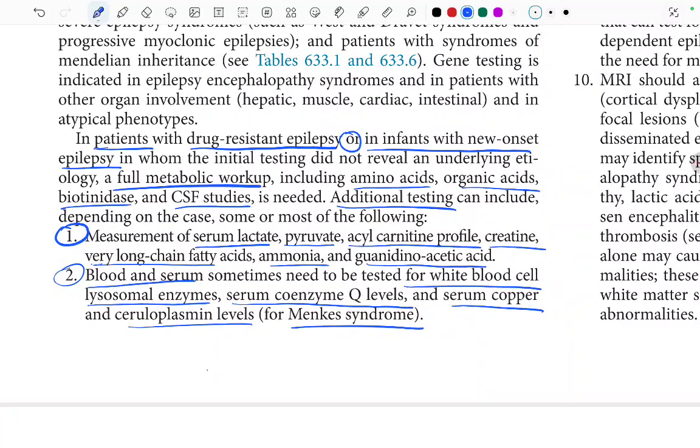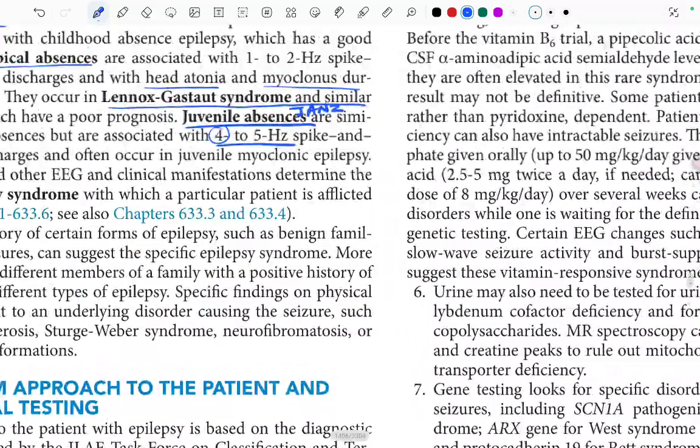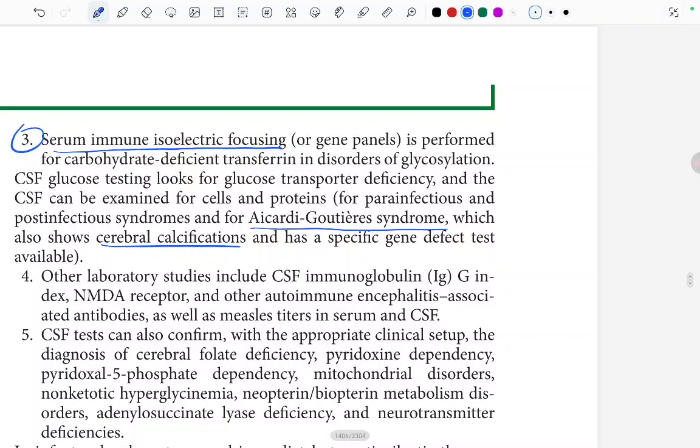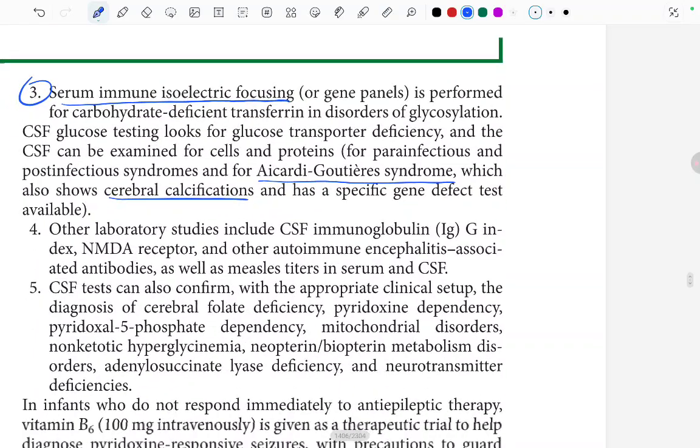Then we did the WBC lysosomal enzyme levels, and the serum coenzyme Q levels, then copper and ceruloplasmin for Menkes syndrome. And then now we are doing the isoelectric focusing. And there is something called Aicardi-Goutieres syndrome, in which there are cerebral calcifications also present.